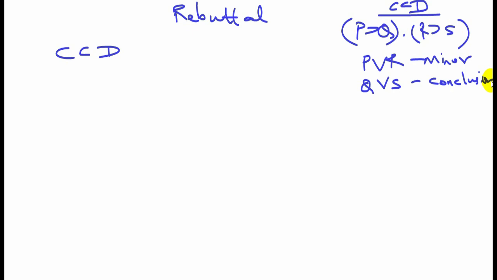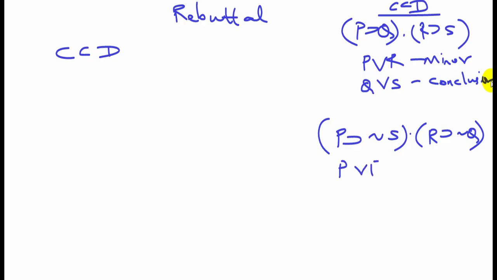Thus, the rebuttal of a complex constructive dilemma will be symbolically expressed as: P implies not S, and R implies not Q. Then the minor premise will remain the same, P or R, and the conclusion will be therefore not S or not Q.